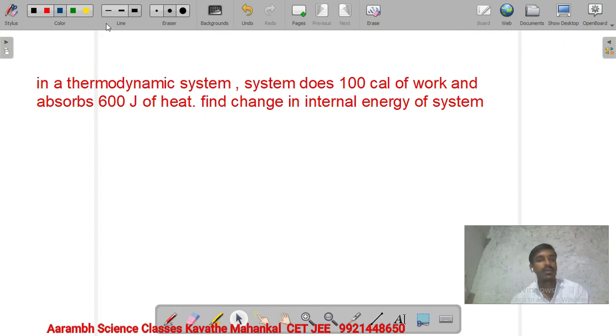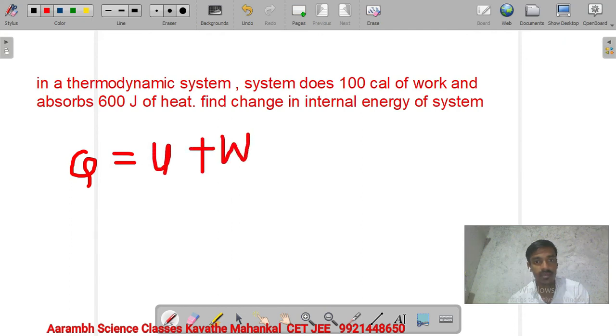We already know the first law of thermodynamics clearly: Q is equal to U plus W. In this case, Q is the heat supplied to the system. It may be positive, it may be negative. It depends on whether the heat is added to the system or rejected from the system.